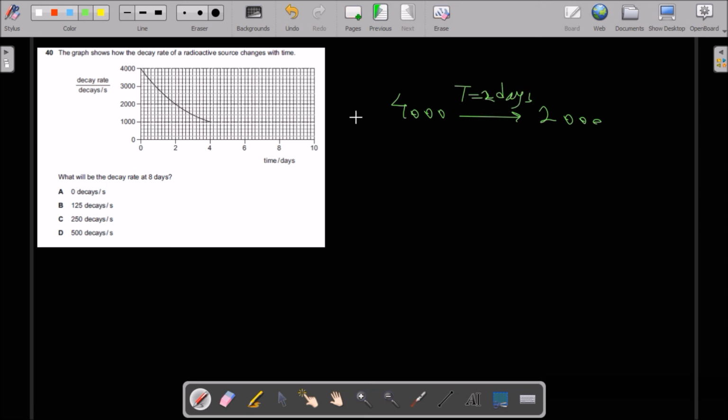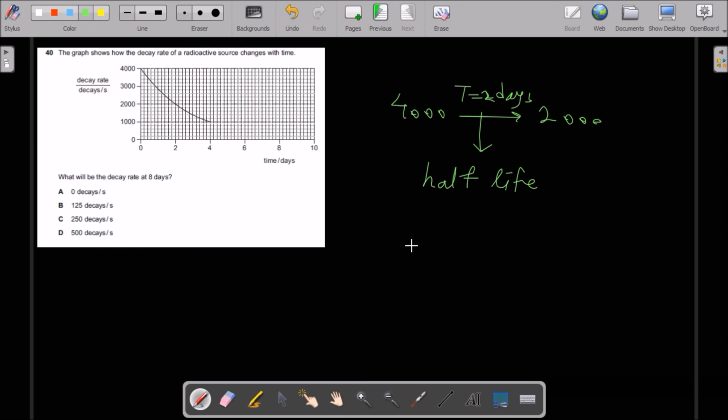By 2 days, 4,000 decay rate become 2,000. So 2 days is time period. Oh, sorry, it is half-life. So half-life for this radioactive matter is 2 days.